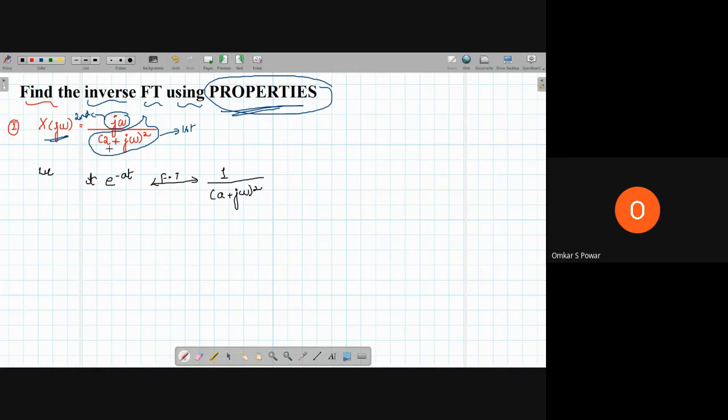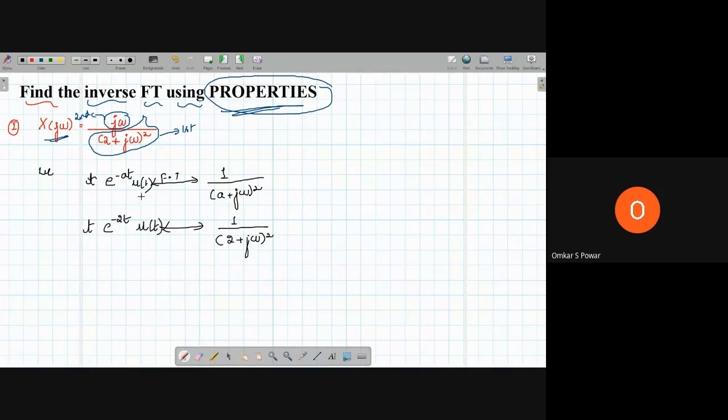You can see here 2 plus j omega the whole square, so I can get my time domain signal easily. For 1 divided by (2 plus j omega) the whole square, the corresponding time domain signal is t e power minus 2t u of t.